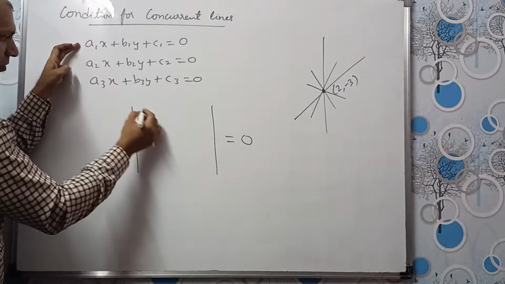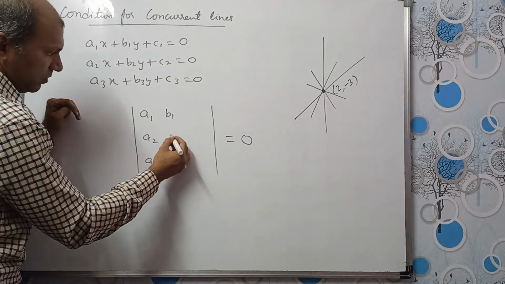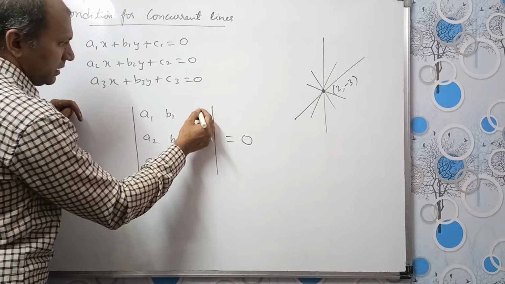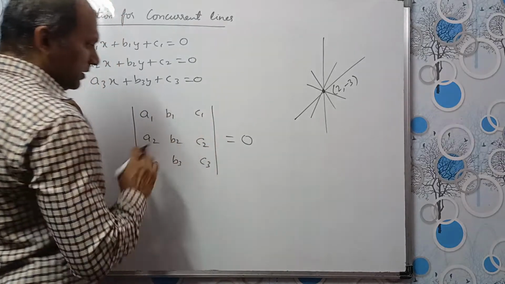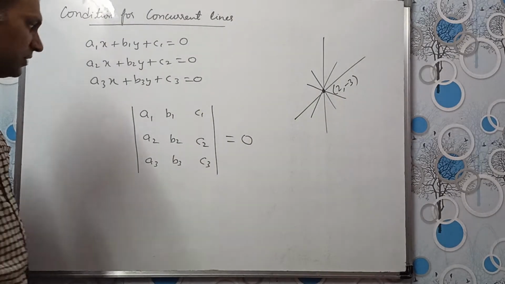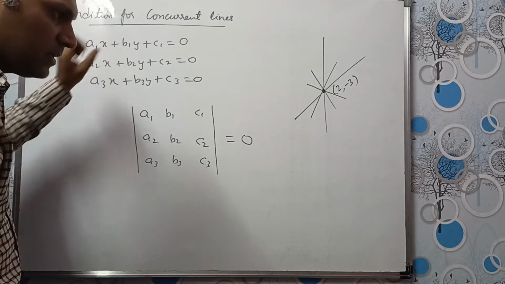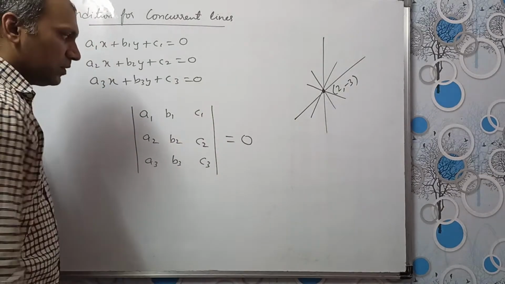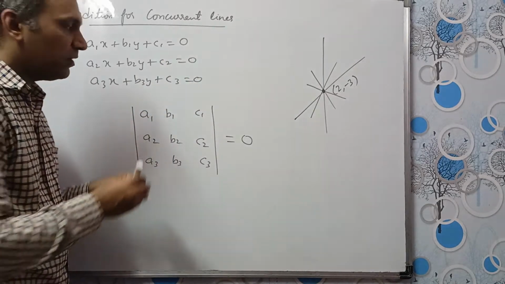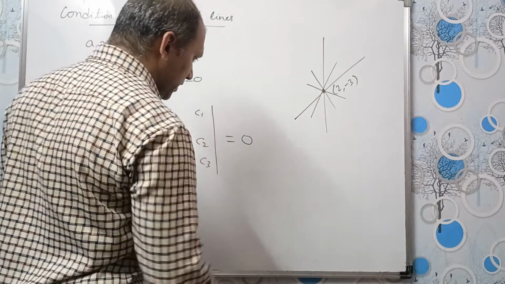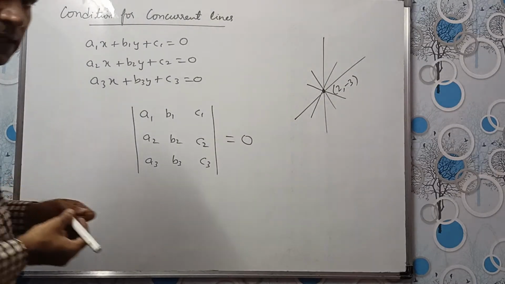See, write the coefficients a1, a2, a3, b1, b2, b3, c1, c2, c3. This is the sufficient condition to prove that these 3 straight lines are concurrent. If the determinant is equal to 0, these 3 straight lines will be concurrent, which means they will pass through a fixed point.